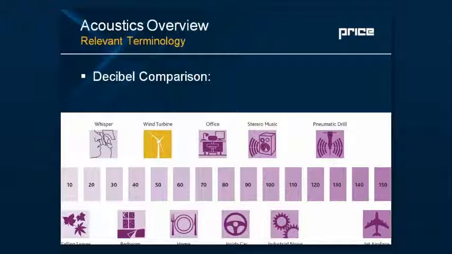So at 10 decibels, that's similar to leaves falling, and you can see as you get louder and louder, you're basically then kind of getting into environments that you're more used to, such that when you get upwards of 60, 70, you're in your typical kind of office environment. 80 is around what you hear when you're inside a car. This is also kind of a reference point that they sometimes say, if you're exposed to this for a long period of time, you can incur some sort of hearing damage.